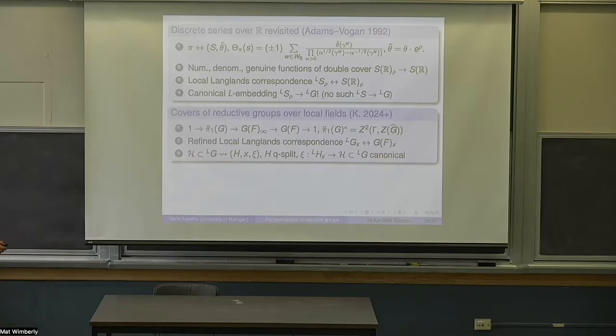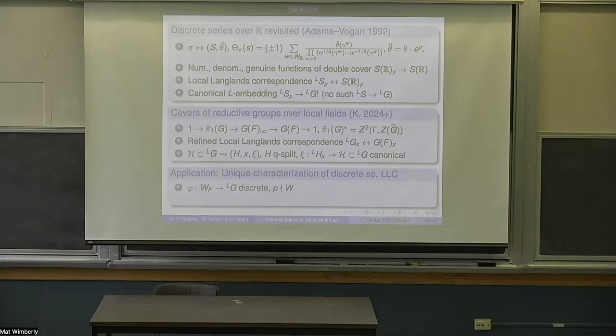And this, going back to the idea of Adams and Vogan, we now get an application of this story, namely, you can uniquely characterize the local Langlands correspondence for discrete semi-simple parameters, which is what I mentioned. You're trying to construct something, but there is no unique characterization for where you're going. Well, now we can give a unique characterization.